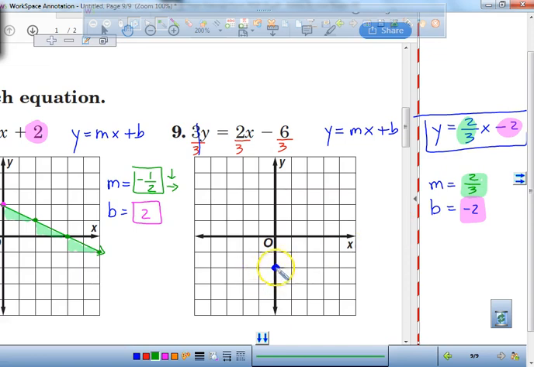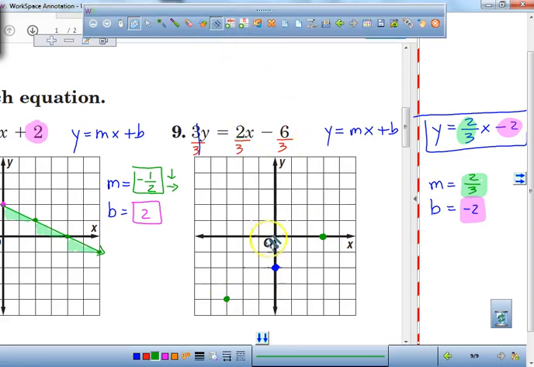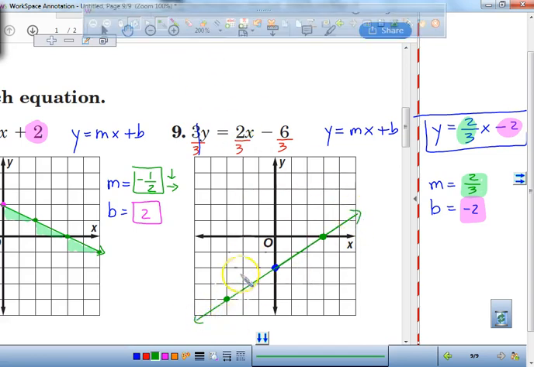So from this point, I have to go up 2 units and over 3. Up 2 over 3. Well, I ran out of room, so I got to go down 2 and over 3 to the left. There's your slope, right there.